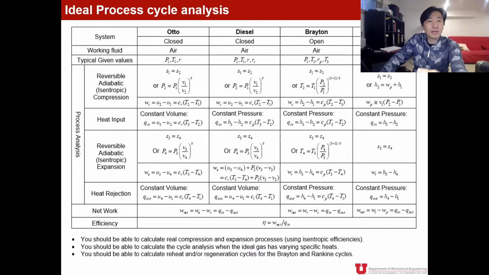When you talk about the ideal processes, each heat engine should have reversible compression and heat input, and reversible expansion and heat rejection. Okay, so these are 4 common processes that make the ideal cycles, no matter what cycles we specifically talk about.